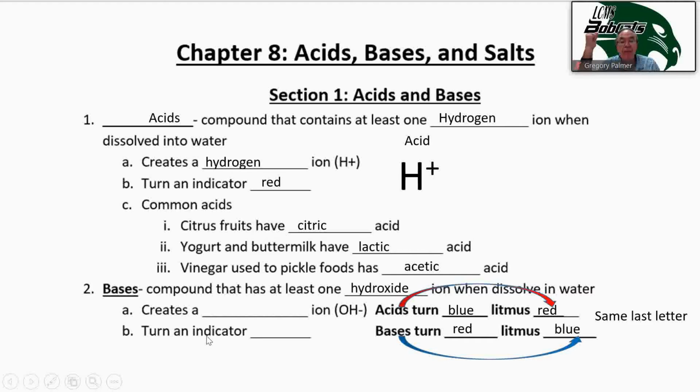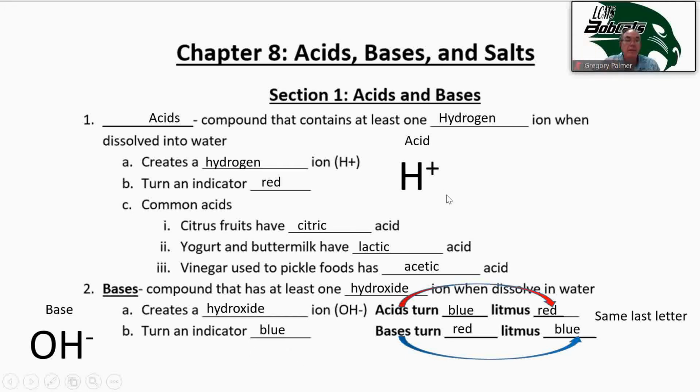Okay. Now, a base is a substance that contains a hydroxide ion. So when we did the polyatomic ions, we studied hydroxide ions. They were OH negative, and so the base creates an OH negative, a hydroxide ion. So hydrogens are H positives, bases are OH negatives, and they turn the indicator blue.